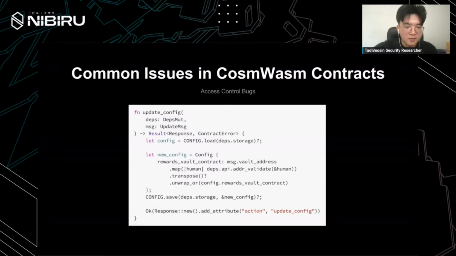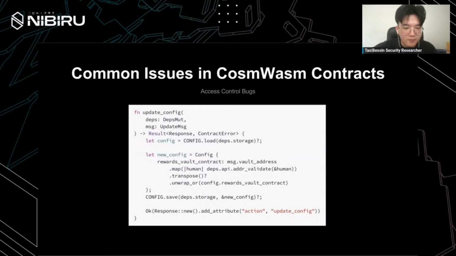Right. So you can see that this is an access control issue. The smart contract didn't restrict which addresses can update the configuration.